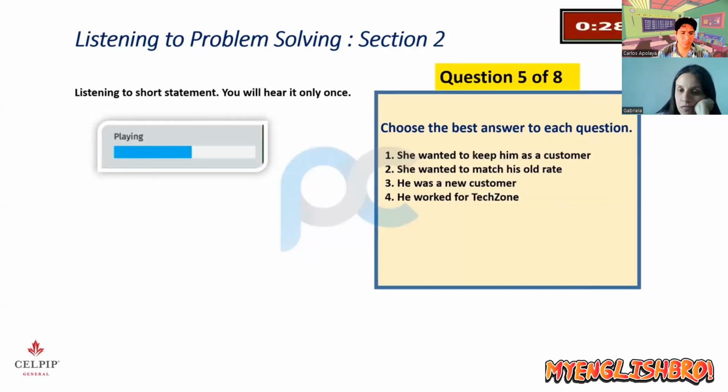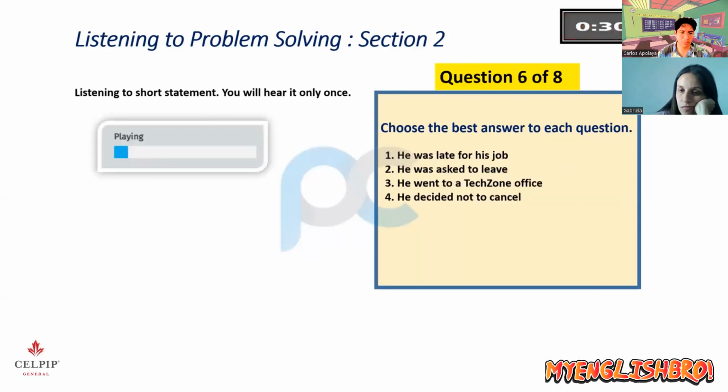Why did the woman offer the man a discount? Question 6. Why did the man leave?